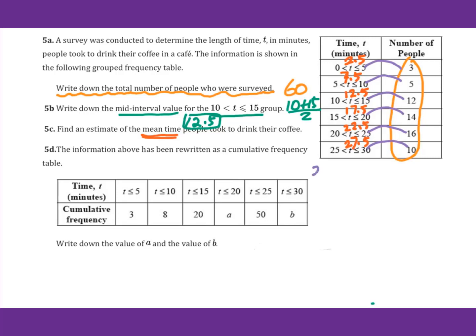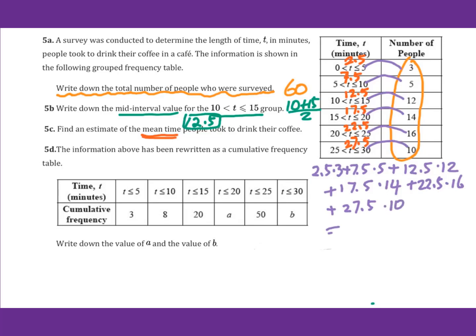So you have 2.5 times 3 plus 7.5 times 5 plus 12.5 times 12 plus 17.5 times 14 plus 22.5 times 16 plus 27.5 times 10.